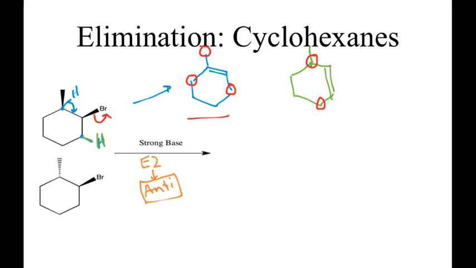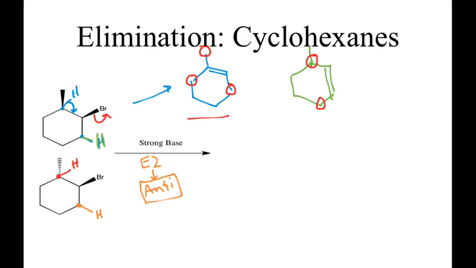If we go through and try that same reasoning for the other one, the one down below, we'll try red and orange for this. Let's put in our hydrogen here.